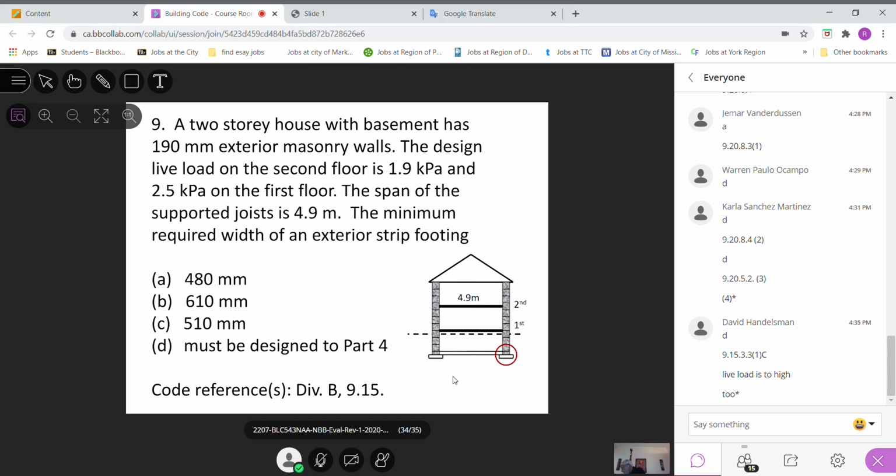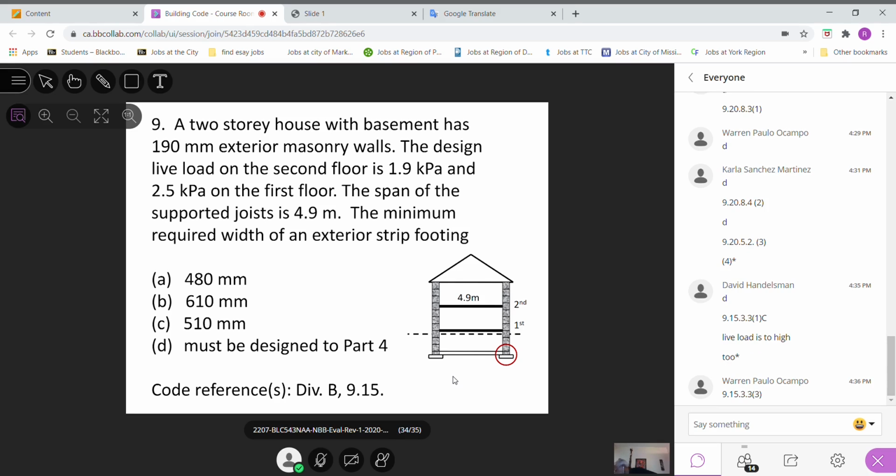Let me check. If the live load supported by the footing does not exceed 2.4... But 3 says where the specified load exceeds 2.4, it shall be designed in accordance with Part 4. So your answer should be 3 actually.